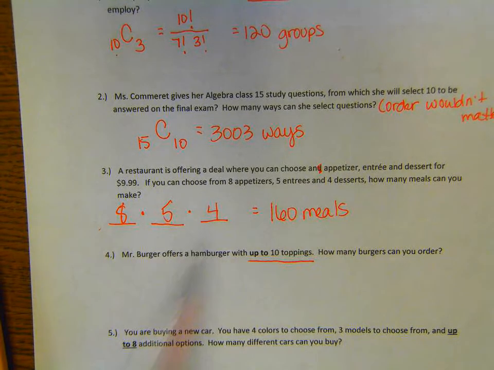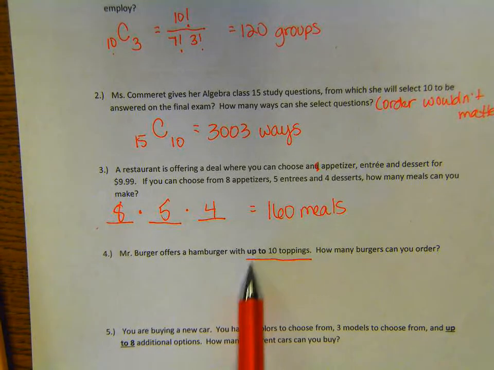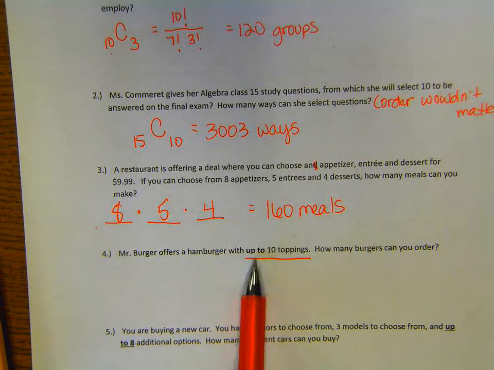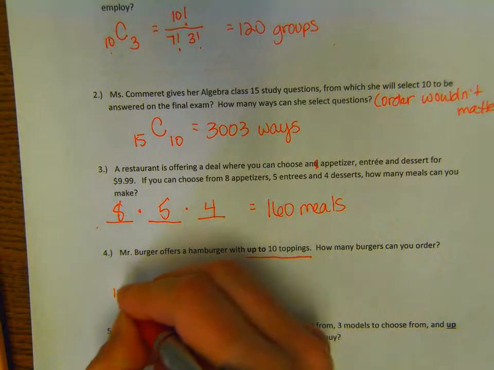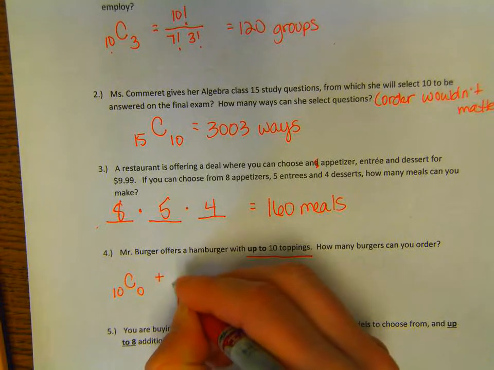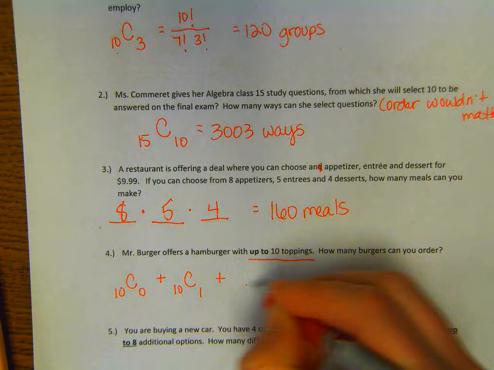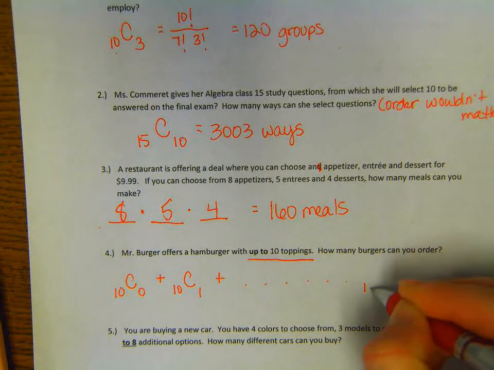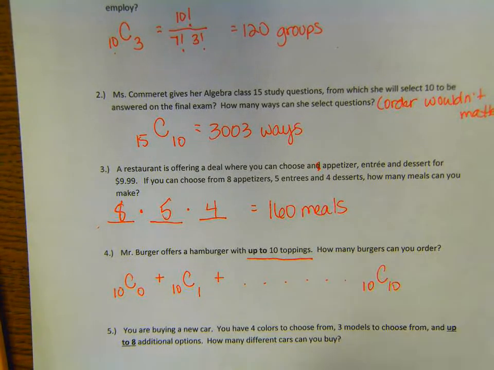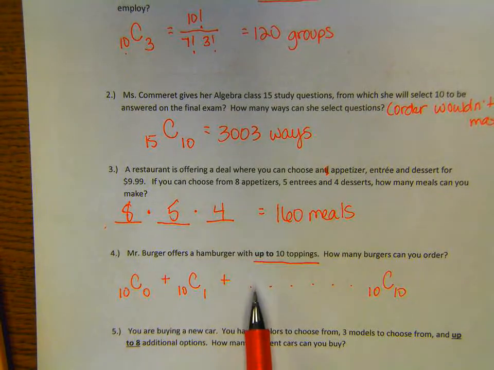So, and you said subsets, right? Because you could order a burger with no topping. You could order a burger with 1 topping, and so on, all the way up to 10 toppings. So we have to find all the different ways of each of those cases and add them together.